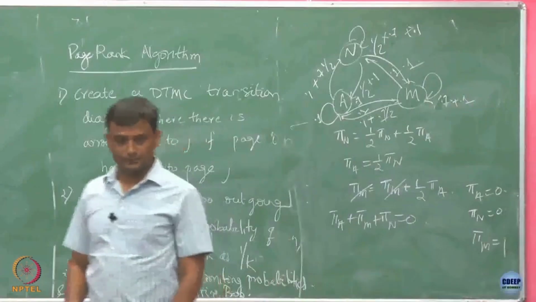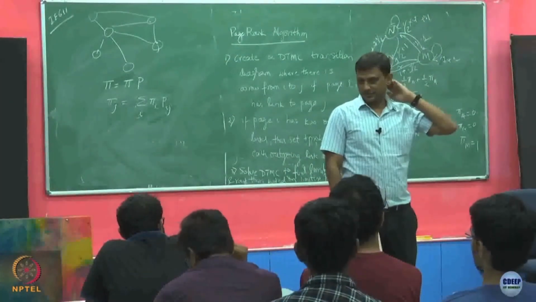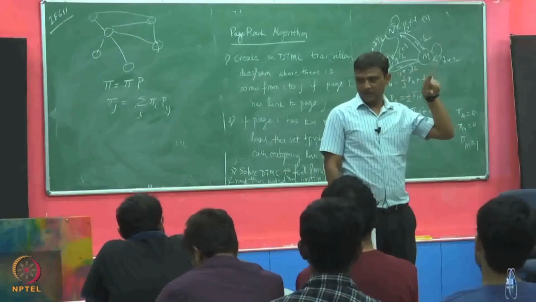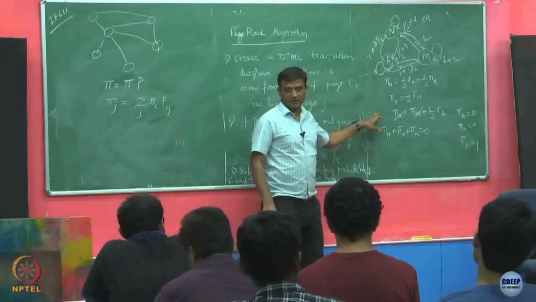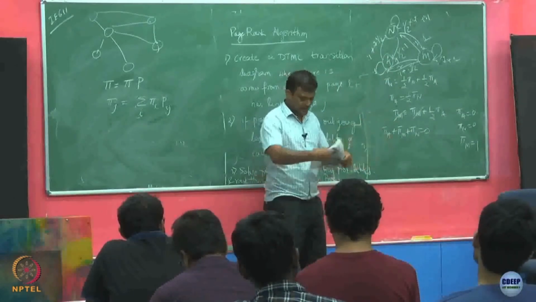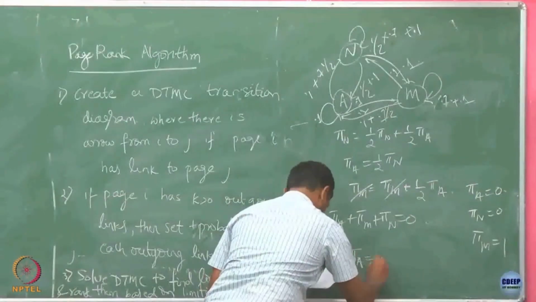Now if you do this kind of perturbation through taxation, you will end up with another set of transition probabilities here, and on that you will end up with a new set of values which I am just writing here.